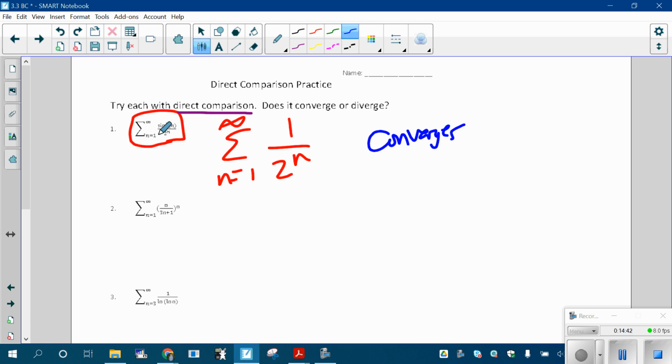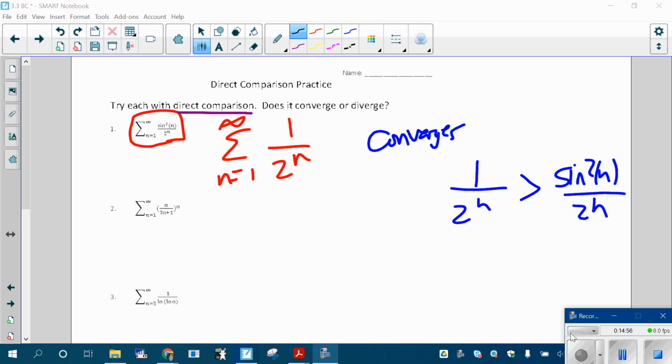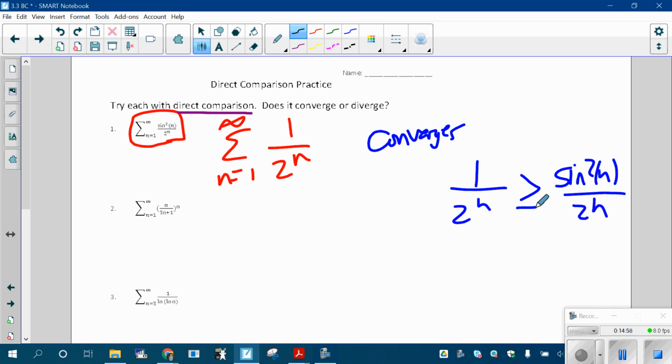So the next thing I need to do is think about the terms, and make sure that this is in fact pushing downward, is above this series. It is allowed to be equal for certain values, but in general, this is true. Check. Sine goes between -1 and 1, so sine squared is between 0 and 1. So this is true. Check. Okay, so this totally works.